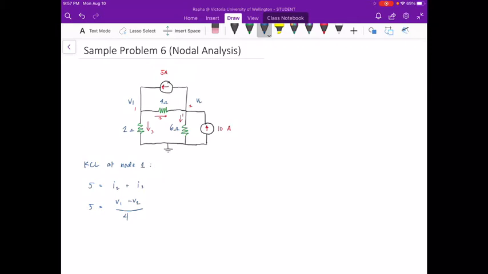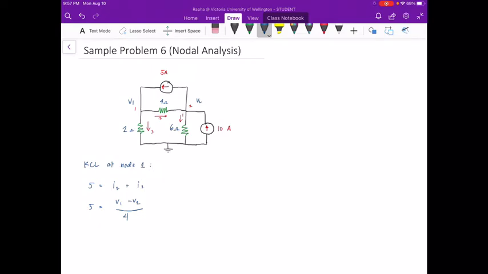As I said previously, the conventional current flow will be from the higher voltage to a lower voltage. So if we consider this diagram, it is assumed that voltage V1 is higher than voltage V2.